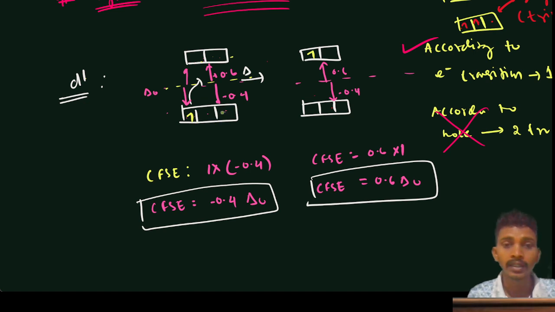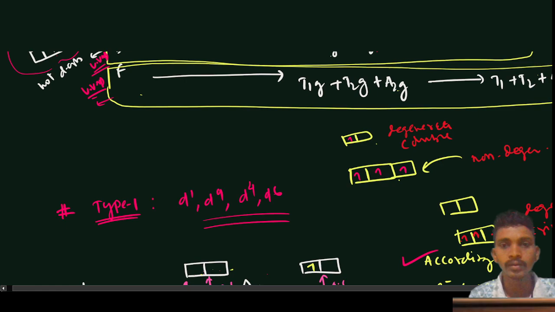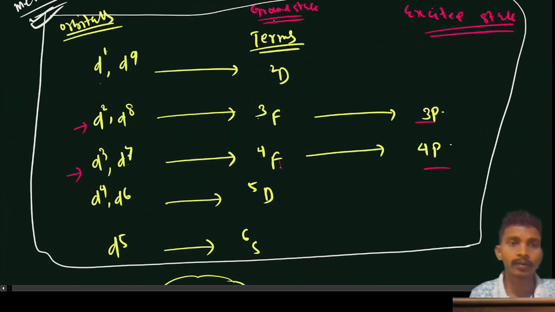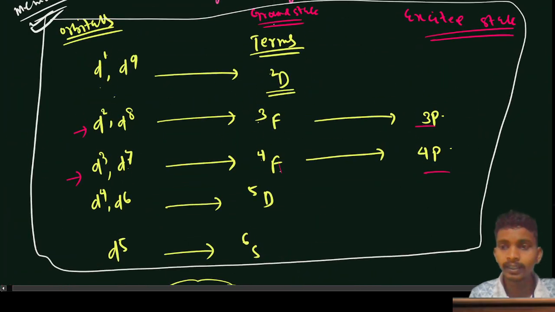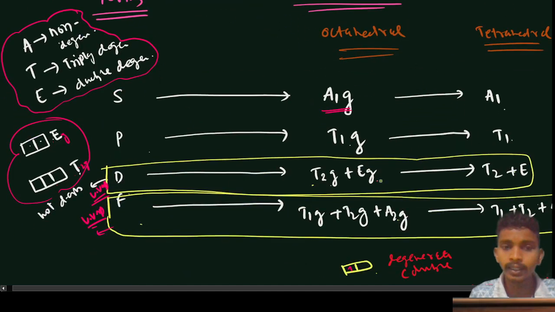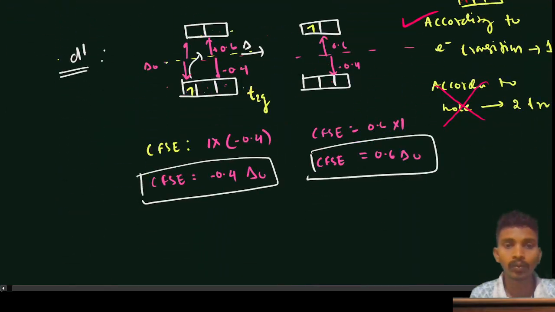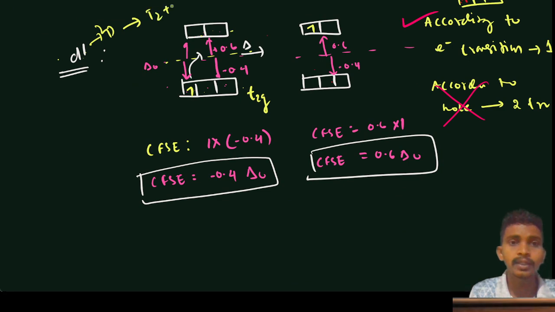Here it is a triply degenerate state, so I will assign T2G, because I am talking about D1. For D1, T2G and EG are present.